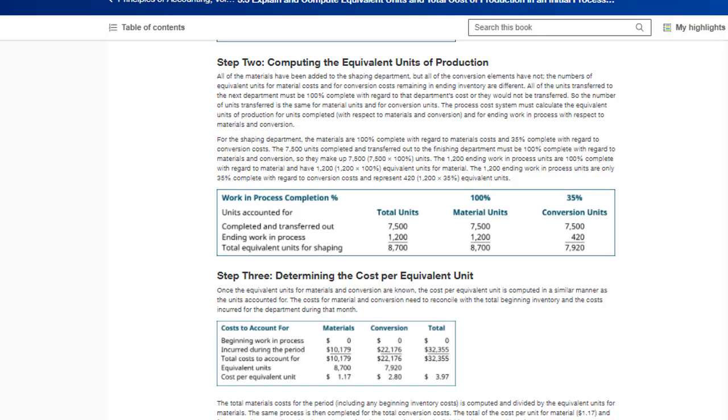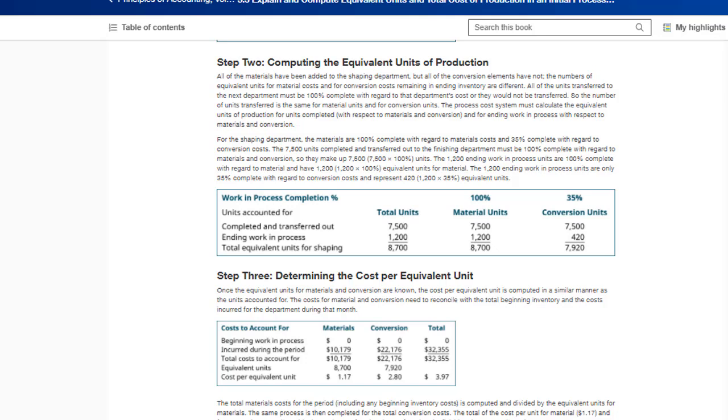Look at conversion units. This is the work that one has to do to, let's say, pasteurize the milk. Well, the 7,500 gallons of milk that was sent to market today was fully pasteurized, and therefore in that conversion unit column we see the full 7,500.